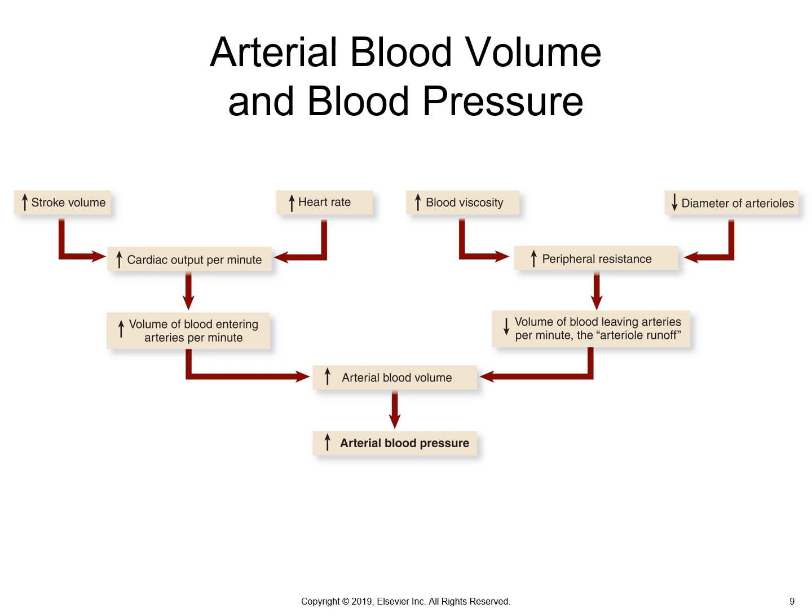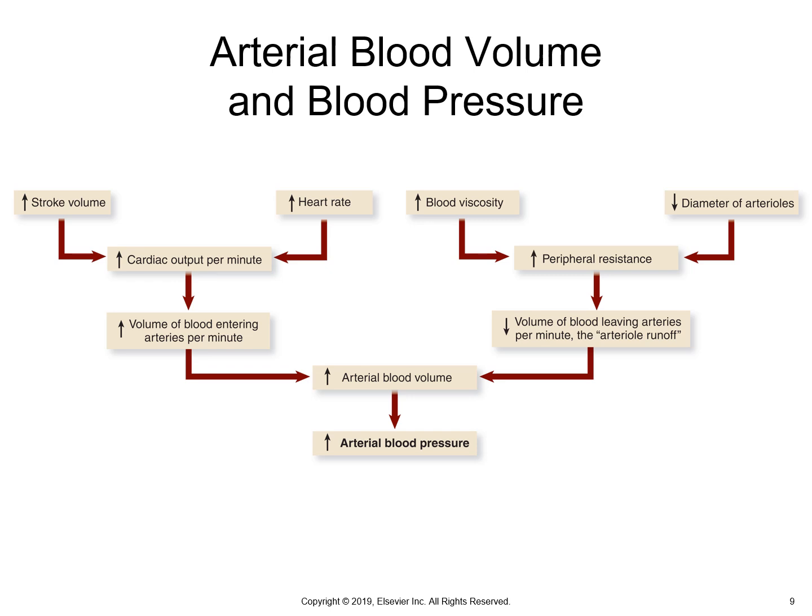So just breaking down this chart here. So we're going to say that more blood enters arteries. We have a higher blood volume, and with that we have increased pressure. So when we look at stroke volume, which is the amount of blood pumped per heartbeat, that goes up and more blood enters. If heart rate increases, that means that we have more beats per minute, which means more blood enters.